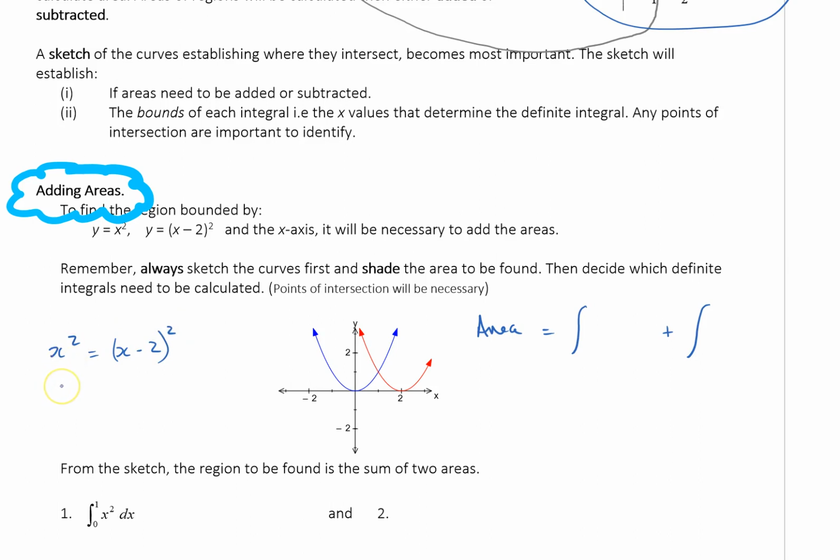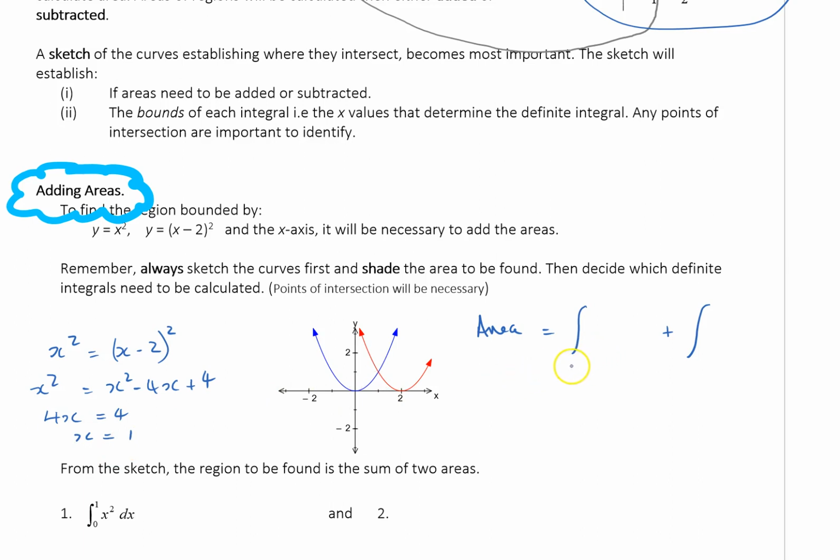Now, I'll just pause the video and do that little calculation. So you can see there that the point of intersection is 1. It looks like that on the graph, but we can't always take what's on the graph. We can't assume that a graph is drawn to scale, so we will do the algebra to confirm our point of intersection.